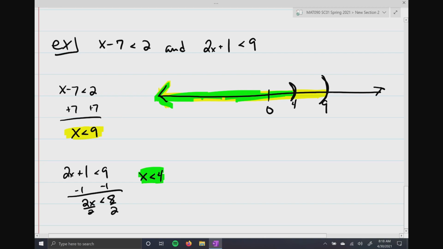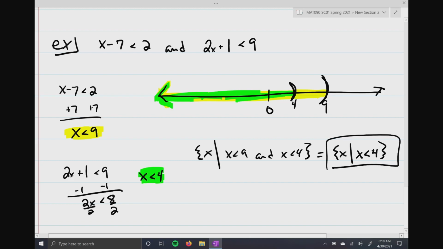So, in set builder notation, I'm going to write {x such that x is less than 9 and x is less than 4}, which equals {x such that x is less than 4}. And the reason I wrote that is because that shading overlap occurs from 4 and less, or values of x that are less than 4.